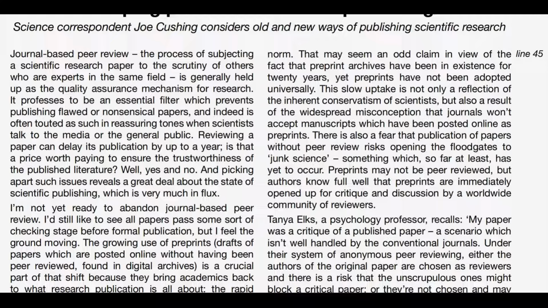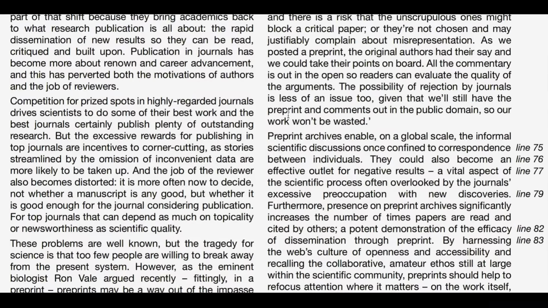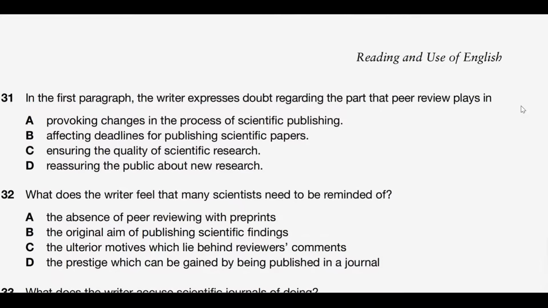So let's go back to the question itself, and let's look at our answers that we can possibly choose from. Provoking changes in the process of scientific publishing, affecting deadlines for publishing scientific papers, ensuring quality of scientific research, reassuring the public about new research. Well, something about the deadlines may well fit with the fact that it takes a whole year.